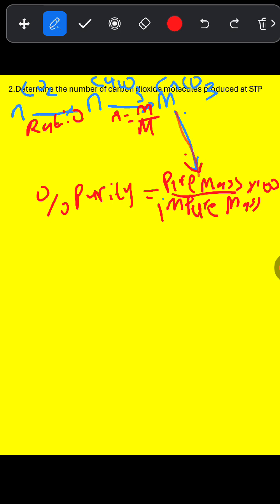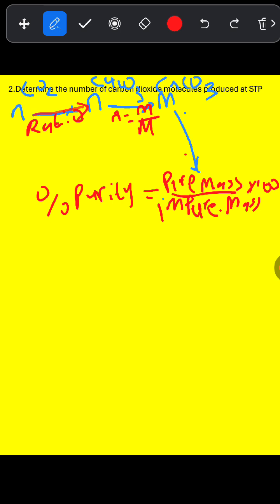Then we take that pure mass and substitute it here. Then we divide by the impure mass that we were given in the statement, then times 100. Again, we're given the number of moles of carbon dioxide.